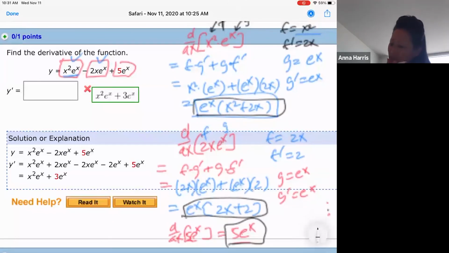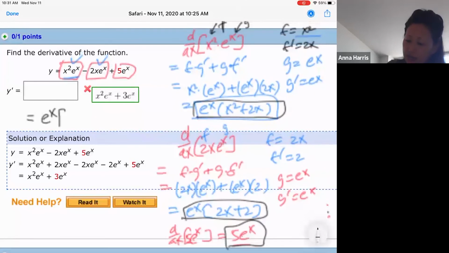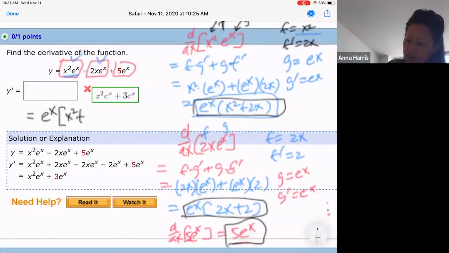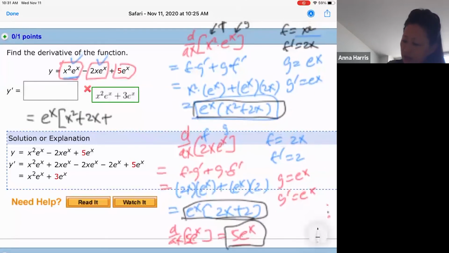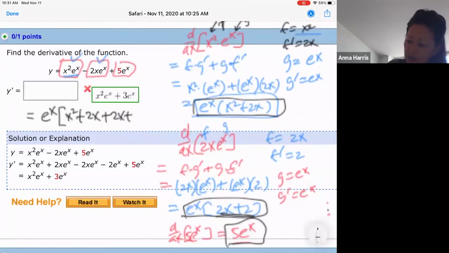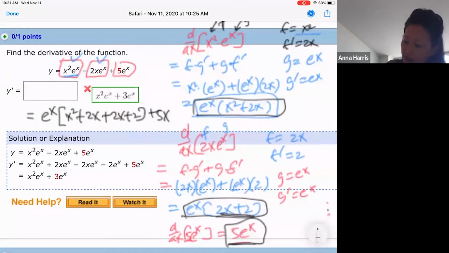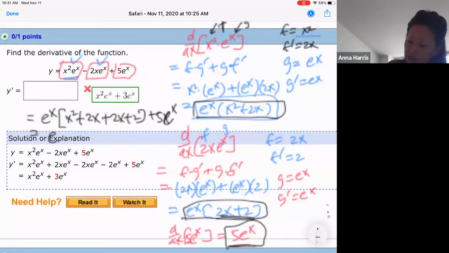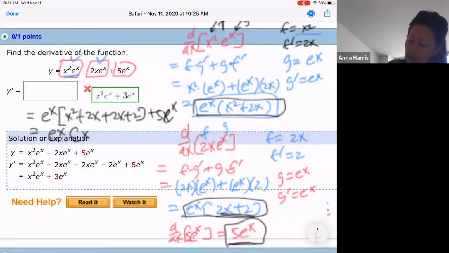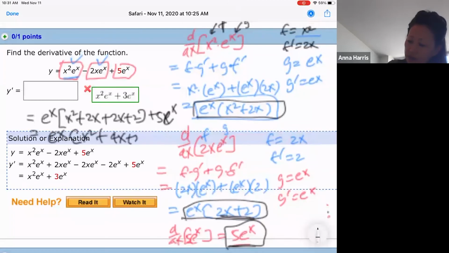All right. So if you want to, you can rewrite. So you have this, which is the same as e to the x times x squared plus 2x plus 2x plus 2, and then we do this plus 5e to the x, which is the same as e to the x times x squared plus 4x plus 2, and then you have 5e to the x.